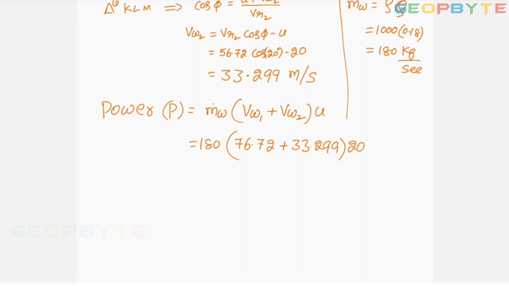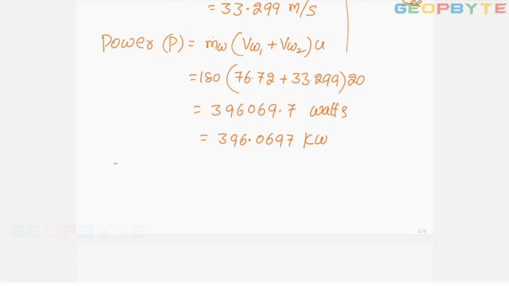Simplify this value. I got the value 396069.7 watts. It is equal to 396.0697 kilowatts.